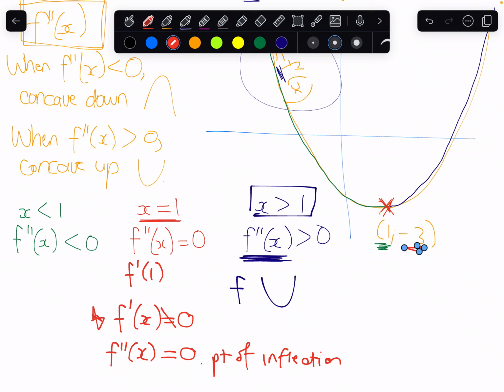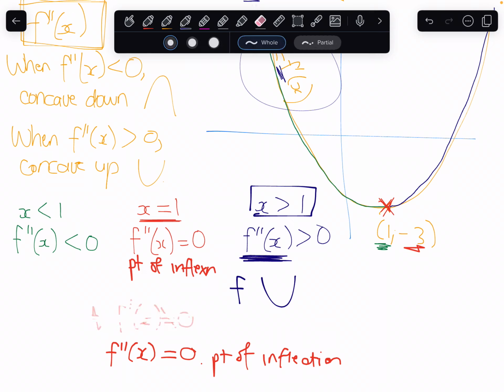So therefore, there isn't a turning point in the graph of f when x is equal to 1. It will in fact be a point of inflection. So we're just going to have a situation where the concavity is changing from the one to the other. Okay, right, so that's that.